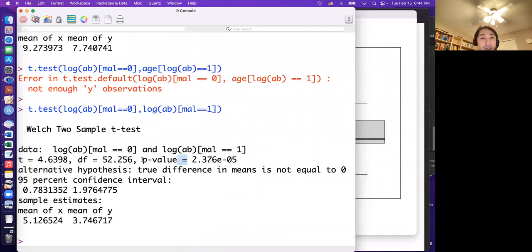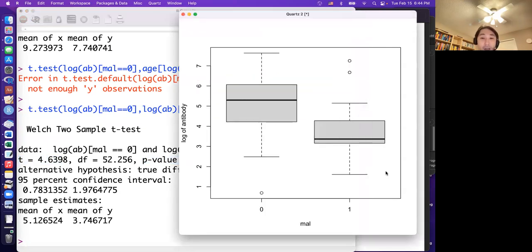Then you can see a significant difference between the two groups. The benign group has an average log antibody level of 5.12, and the malignant group 3.74. The difference is significant because the p-value is really small and the t-value is 4.6, so pretty large. In this way, we can do a t-test.